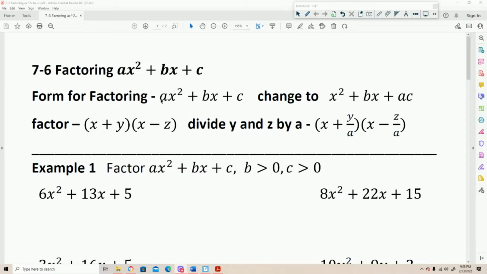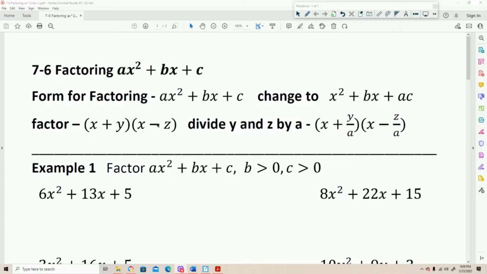So if we've got a trinomial in this form, I'll just explain the process and then we'll look at some examples. We're going to take this number here, the a, and multiply it by c and rewrite it as a trinomial with a leading coefficient of 1, because we know how to do those. That's step 1. Step 2 is to factor that.